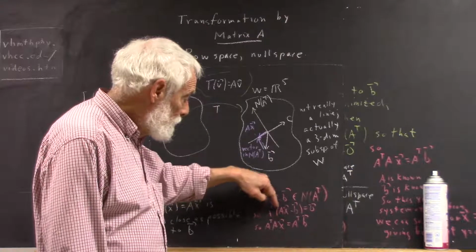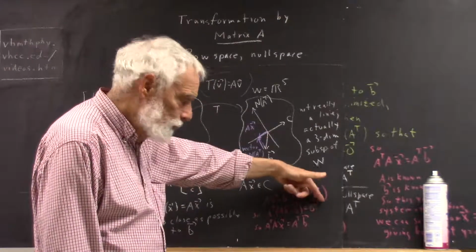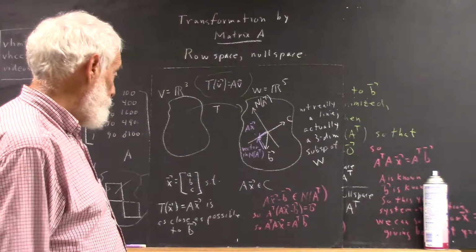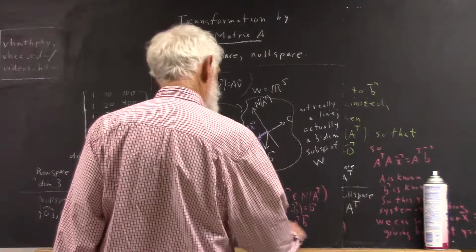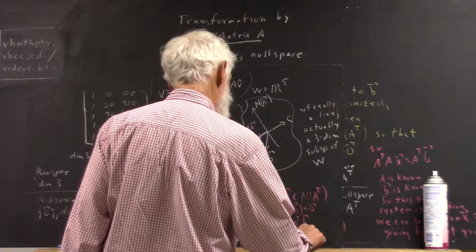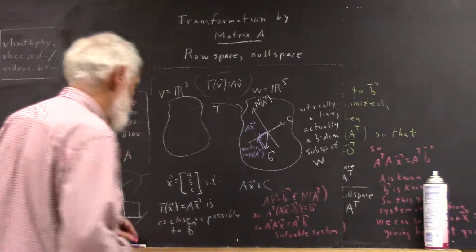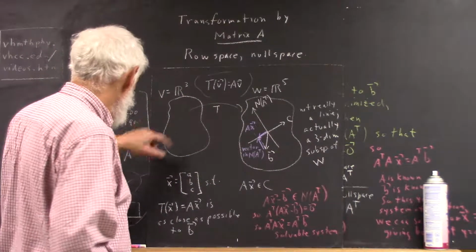So A transpose AX equals what you get when you add A transpose B to both sides, which is just A transpose B over here. Okay? And this is a solvable system. This is how we find the X over here.